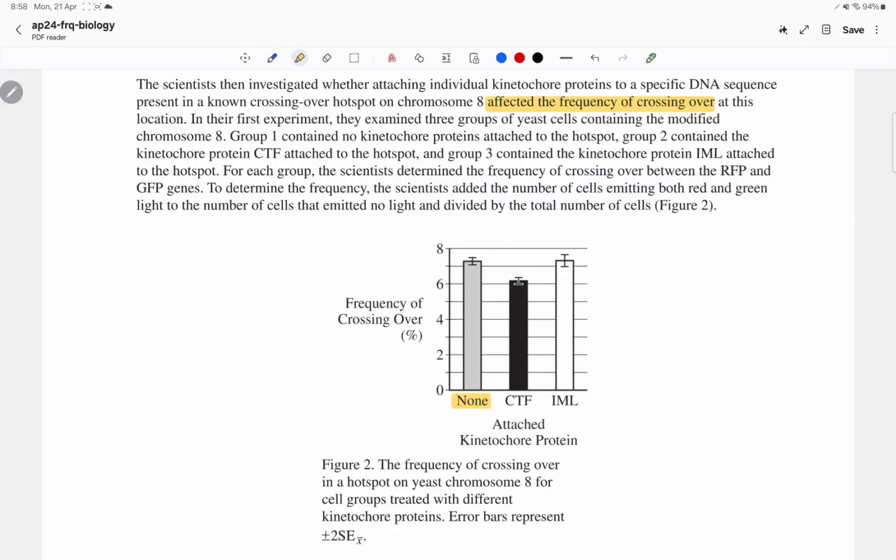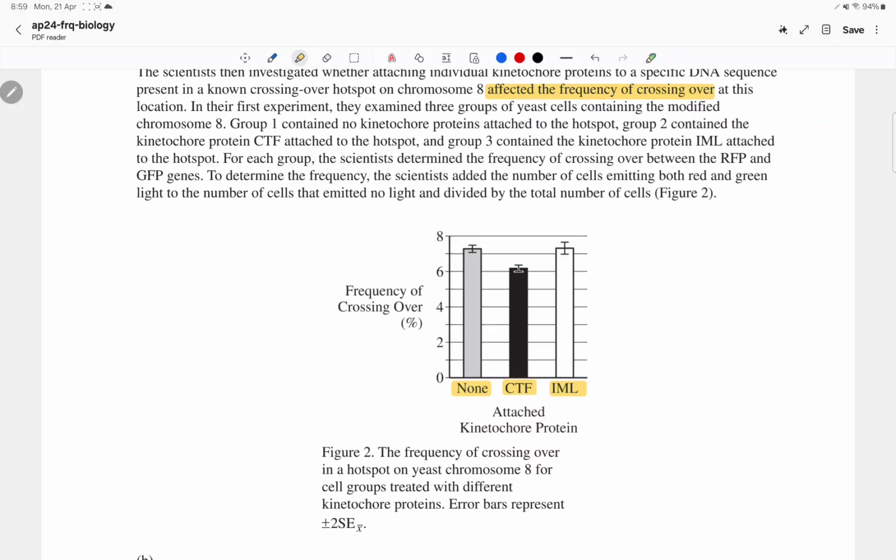Group 2 contained the kinetochore protein CTF, and Group 3 contained the kinetochore protein IML. For each group, the scientists determined the frequency of crossing over between the RFP, which is the red, and the GFP, which is the green. Okay, to determine the frequency, the scientists added the number of the cells emitting both red and green light to the number of cells that emitted no light and divided by the total number of cells.